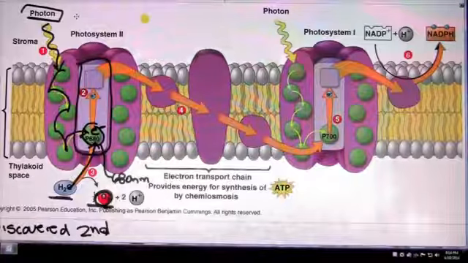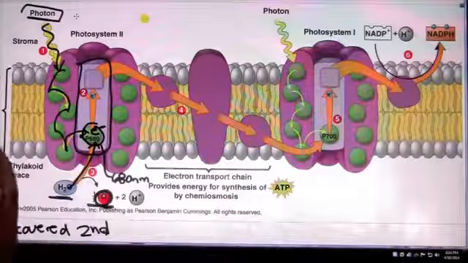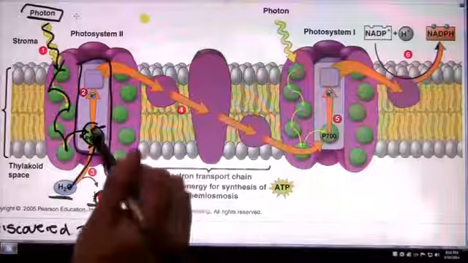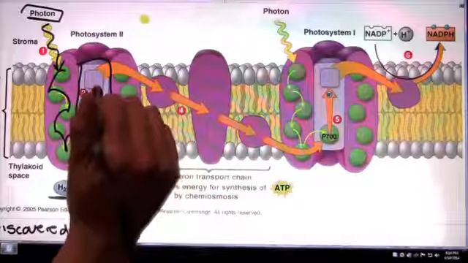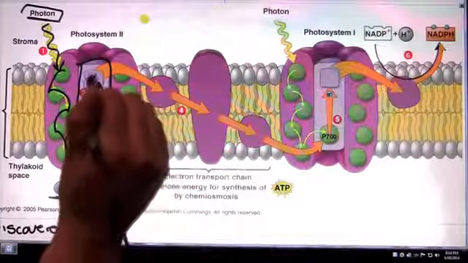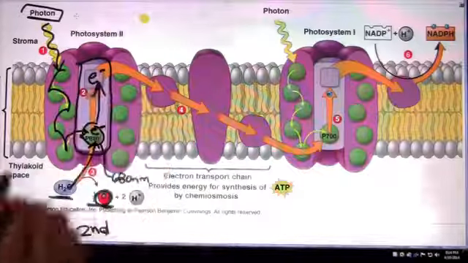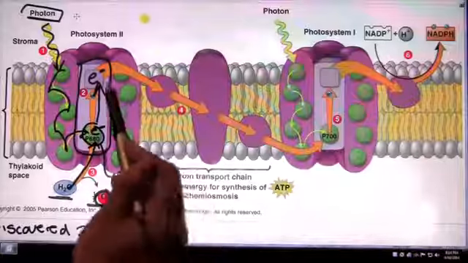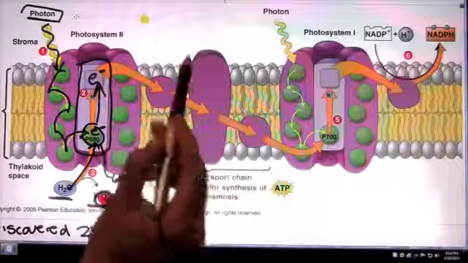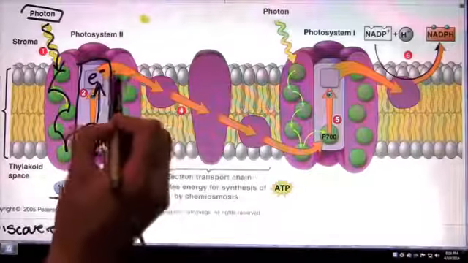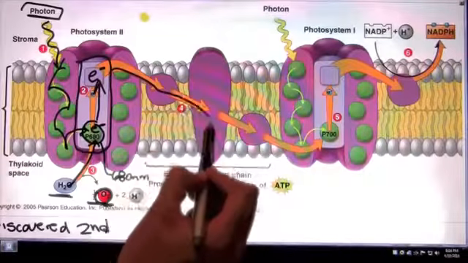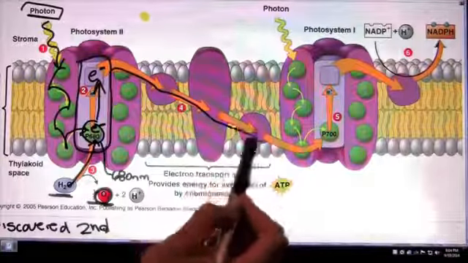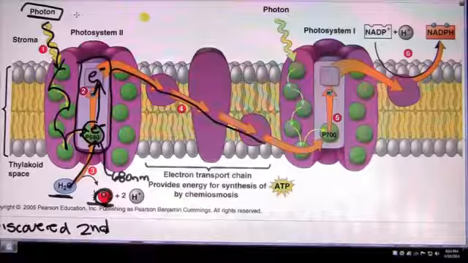all inside P680. The photon, of course, excites this electron, and the electron then moves up in energy states into this electron acceptor up here. Once it moves up in energy states, you'll notice these arrows. This is called the electron transport chain. It'll move down this electron transport chain through these proteins to get to photosystem 1.